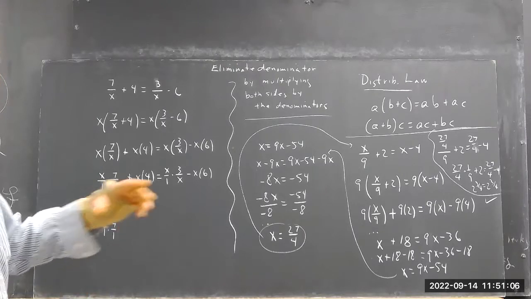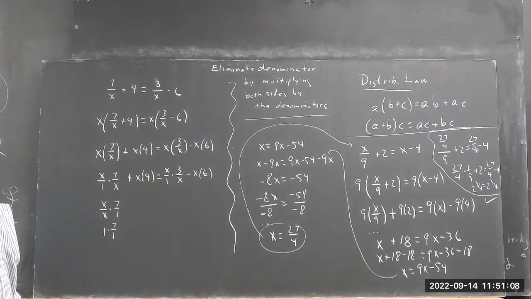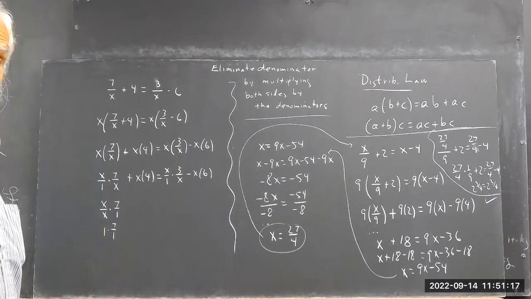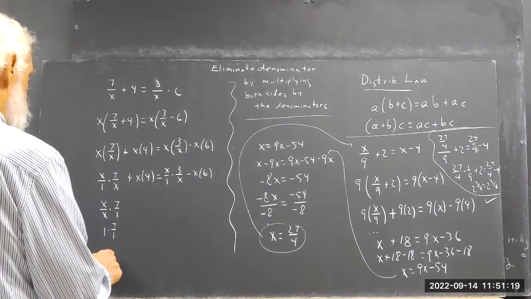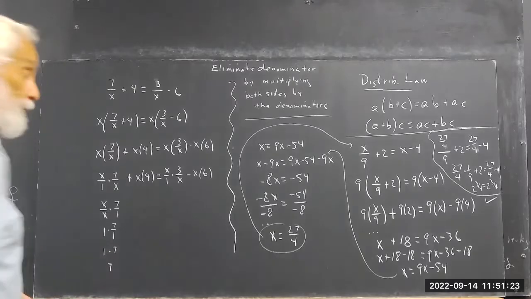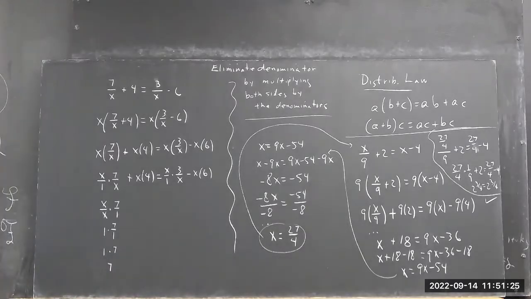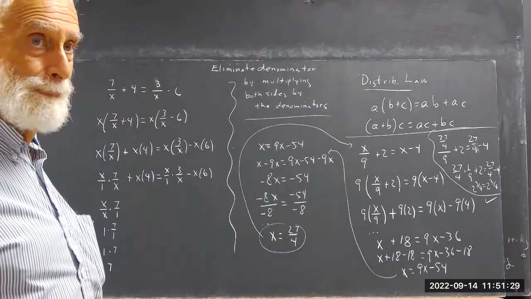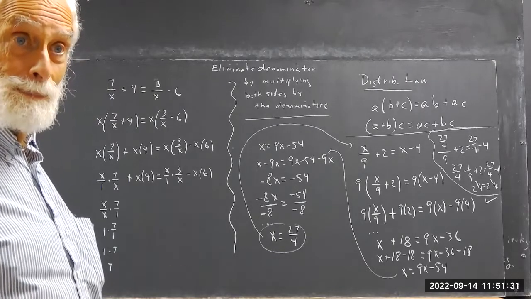Now we've got to know the basic arithmetic operations, so make sure you convince yourself of that. And then 1 times 7 is 7, right? So I could write that as 1 times 7 and then finally as 7. Does that make sense?